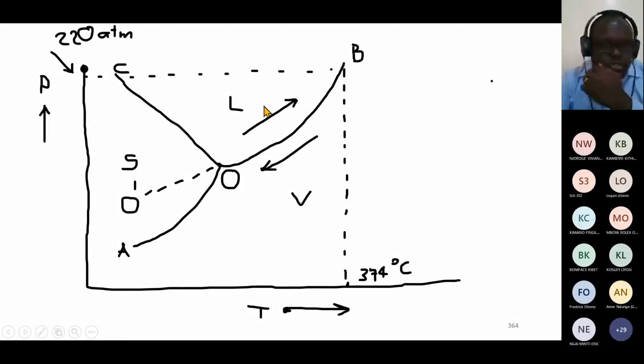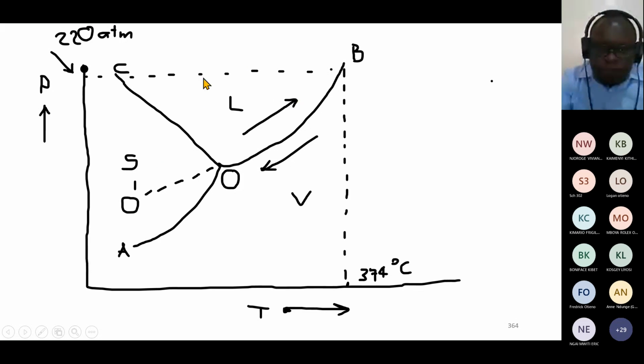Okay. So here we have these lines, these curves, which represent the variation of different pressures with temperature. Here we have the solid phase in this region.